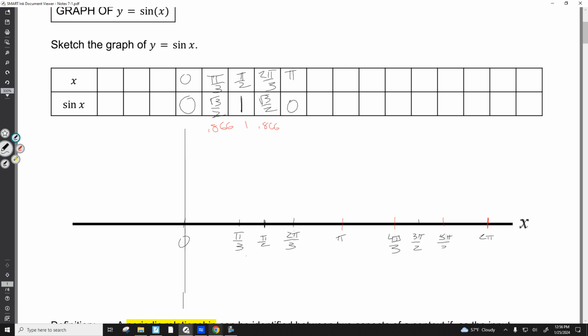Let's keep going. Let's plug in something close to 4. 4 pi over 3 is close to 4. What's the sine of 4 pi over 3? You did it on the back of your paper. Tell your neighbor. Oh, negative root 3 over 2. That's negative 0.866. What's the sine of 3 pi over 2?